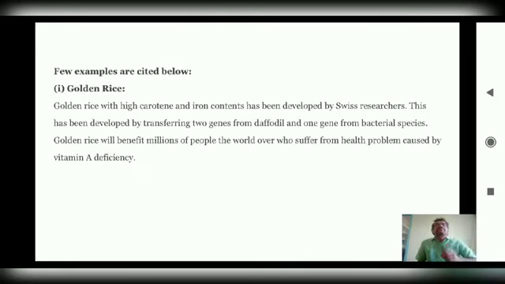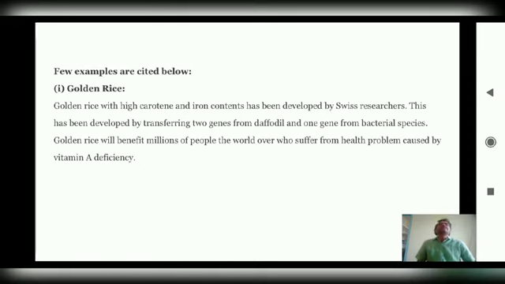Now, coming to a few important examples where this has been done, I have already told you some of the crops have been modified genetically, and taking one of the examples like golden rice. So golden rice has been developed mainly to enhance the carotene and iron content.